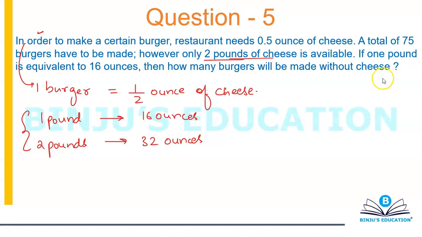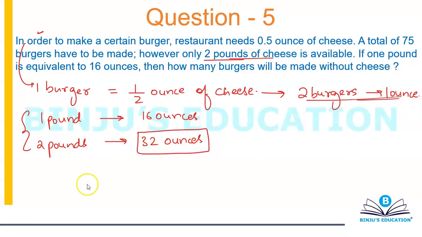It's also given to us that for one burger we need half ounce of cheese, which I can also rewrite as, for 2 burgers I need 1 ounce of cheese, basically multiplying by 2 on both sides. So for one burger you need half ounce, so for 2 burgers you need 1 ounce, and we have a total of 32 ounces of cheese.